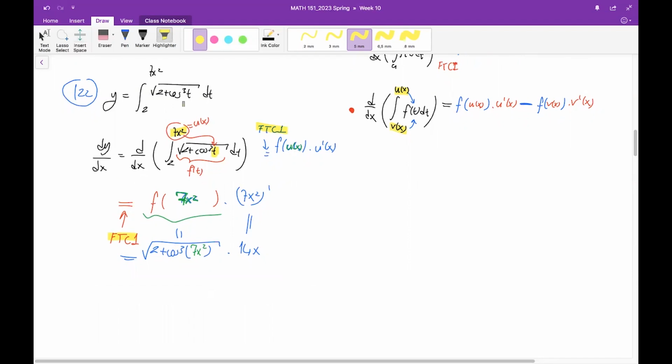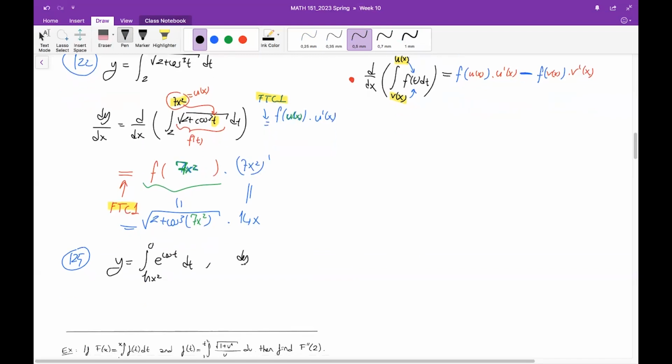Okay, then let me show you one more from this group. So the y function is given now as this integral, from ln x squared to 0, e to the power cosine t dt.